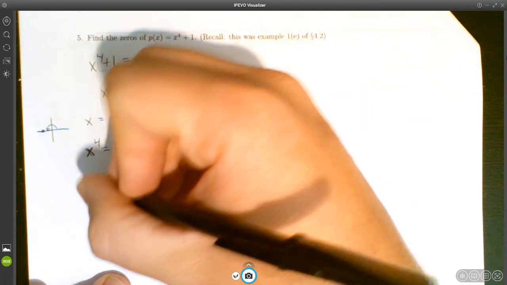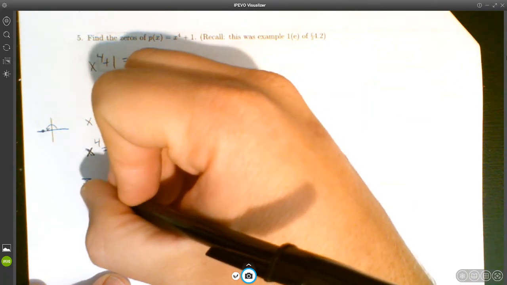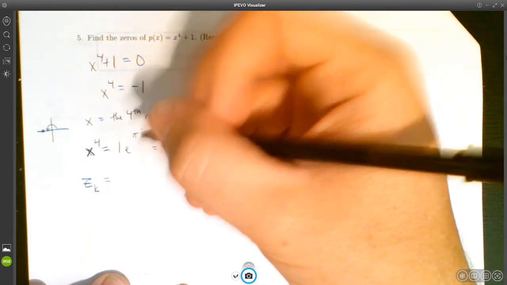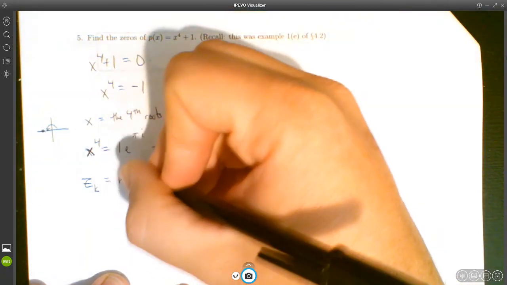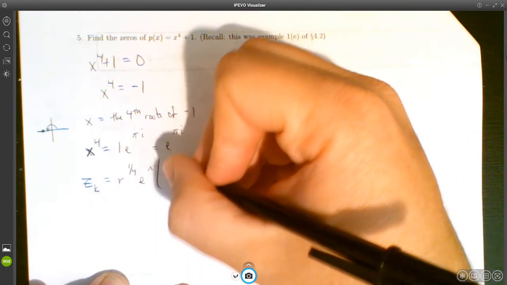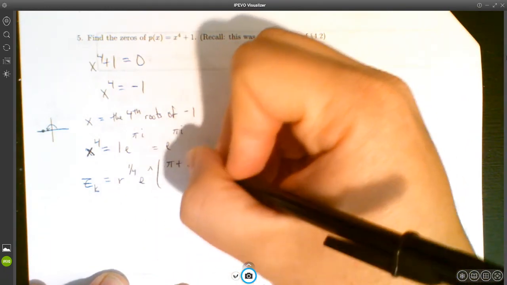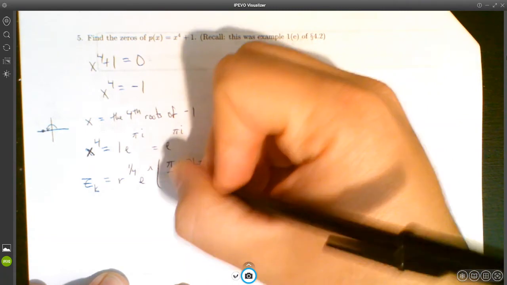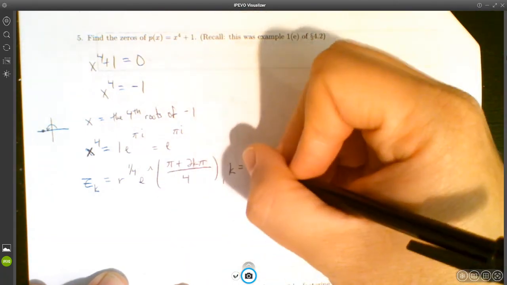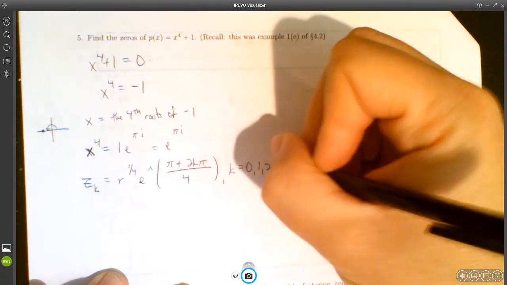Okay, so the 4th roots, let's remind ourselves, right? Z sub k is going to be r to the 1 over n times e to the power of theta plus 2k pi divided by n, times i. k is 0, 1, 2, or 3, right?